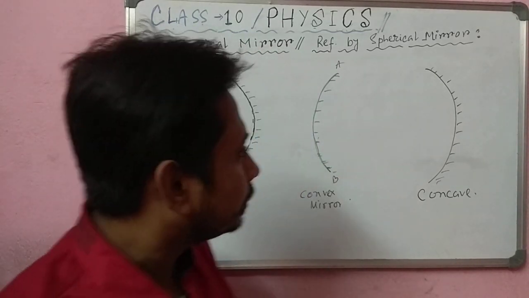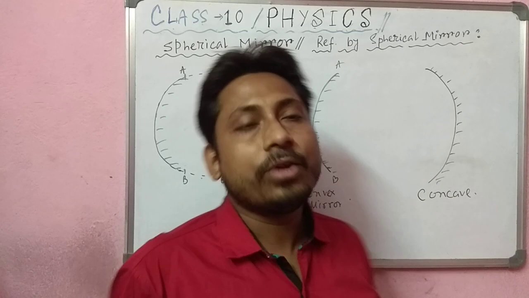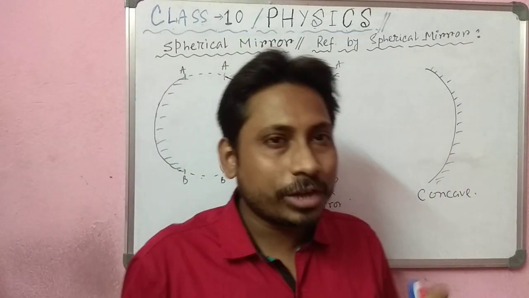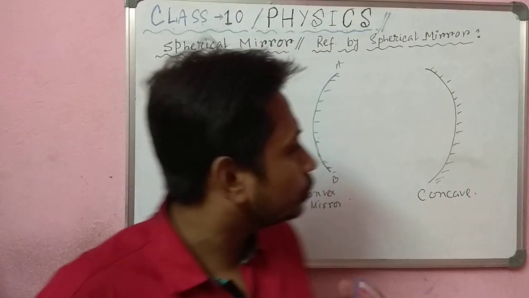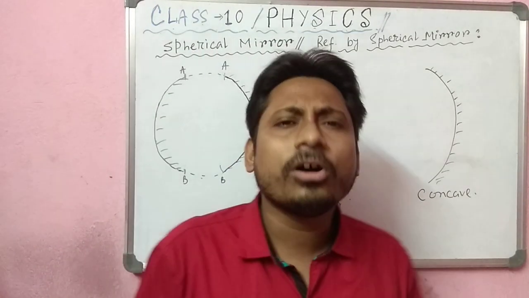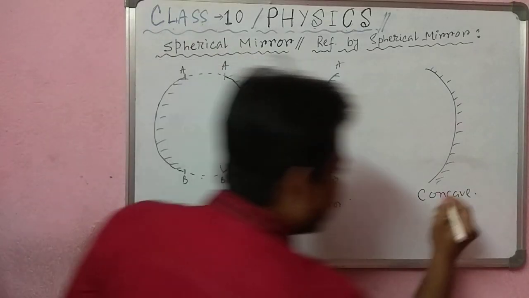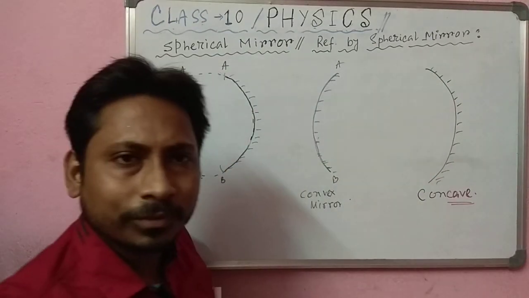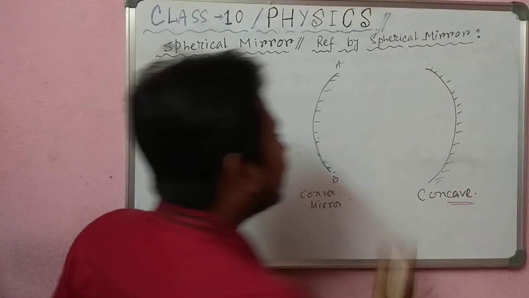Now students, sometimes you get confused about which one is concave and which one is convex. To remember, you can follow my trick, and that is, see here the name cave. Cave means where animals take shelter.